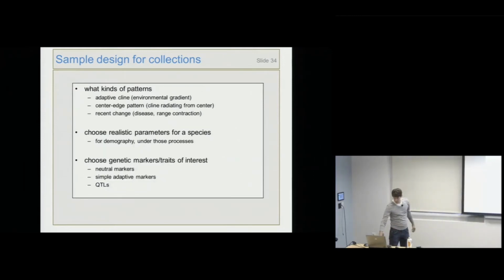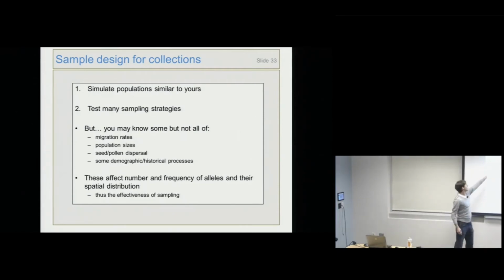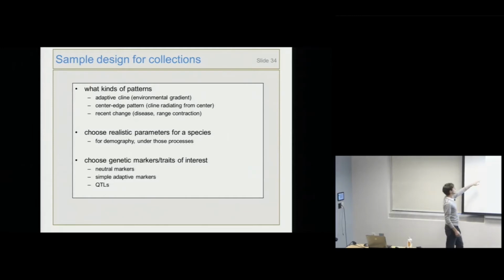So within these simulations, it would be wise, I think, to simulate a couple of different underlying patterns of the genetic structure: maybe clinal variation from one edge to the other, environmental gradients, habitat suitability, center-marginal patterns, or recent declines or fragmentation caused by various things.